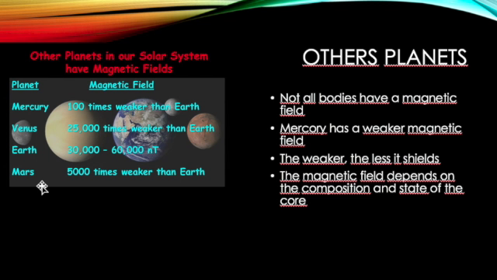I say it's thought to be solid because there's no actual proof. The motion within the Earth's molten core is what produces a magnetic field. This motion is caused by the mass of the core and the rotation of the Earth.